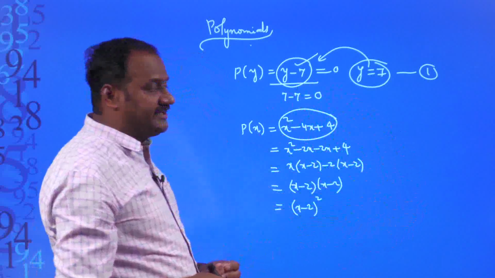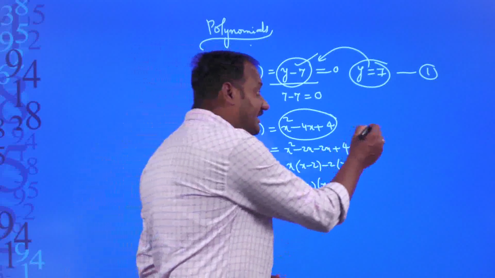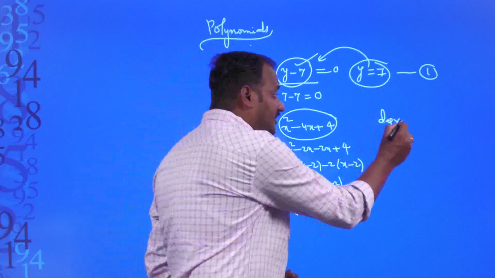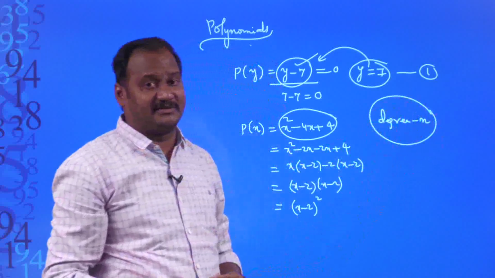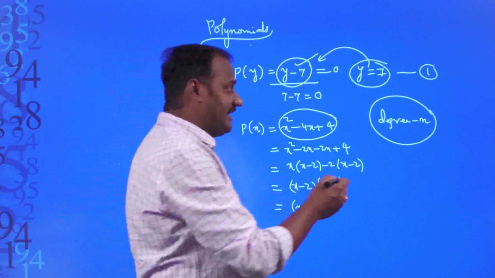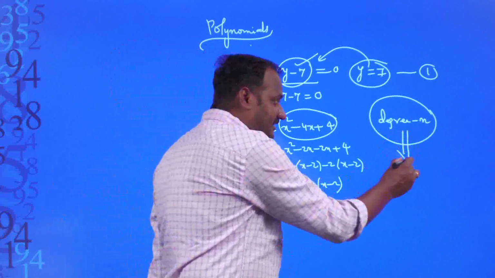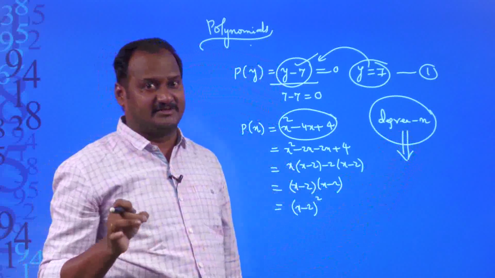That is why we can conclude one thing: if we have a polynomial of degree n, then what is the number of zeros of this polynomial? We should not say that this polynomial of degree n has exactly n number of zeros.